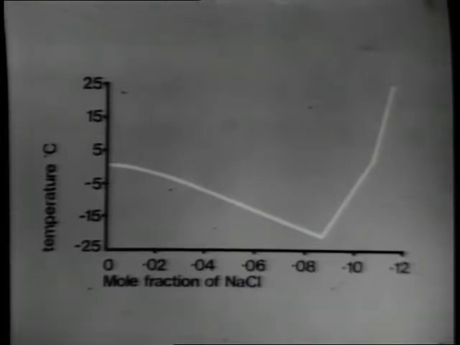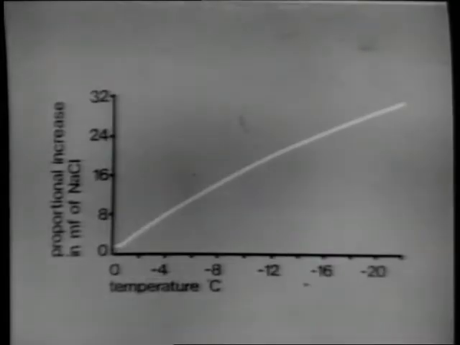This is perhaps more clearly shown in this graph, where I have represented isotonic sodium chloride by 1 on the y-axis and have plotted the proportional increase in strength of sodium chloride as the temperature is reduced.